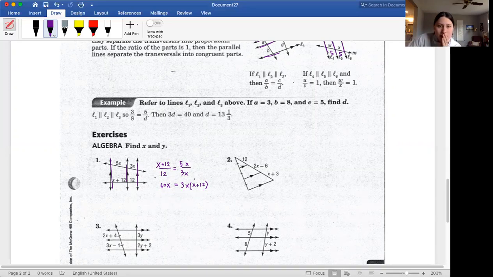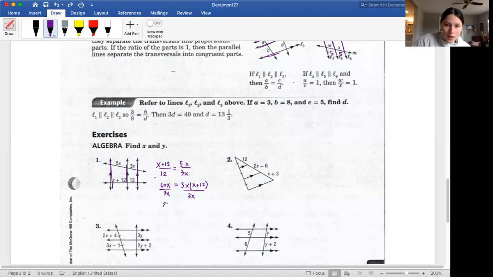So when I do x divided by 3x, the x goes away and I get 20, and then I have x plus 12. So I'm going to subtract 12 on both sides, x equals 8.